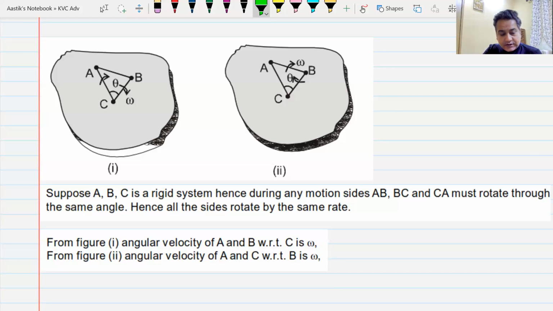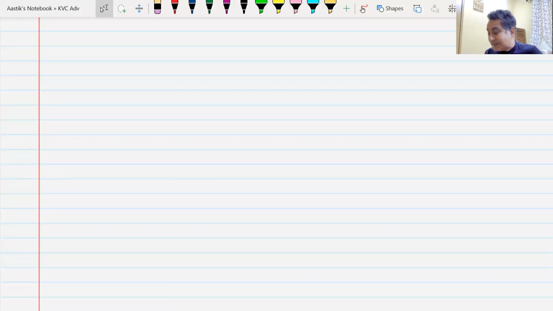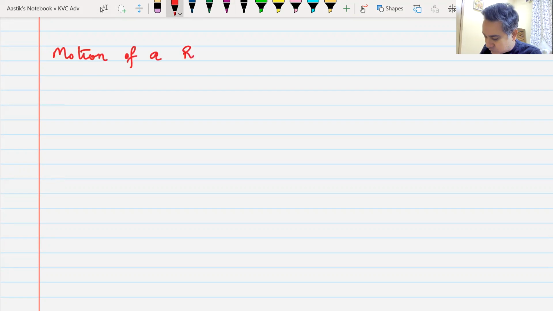Now, since we have understood what is a rigid body, now we can understand the type of motion of a rigid body. What type of motion can a rigid body have?